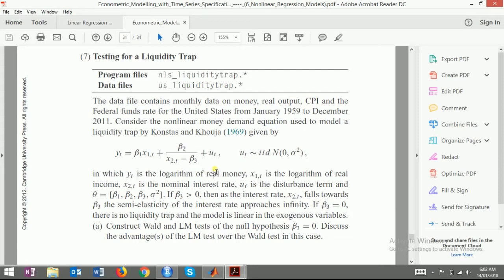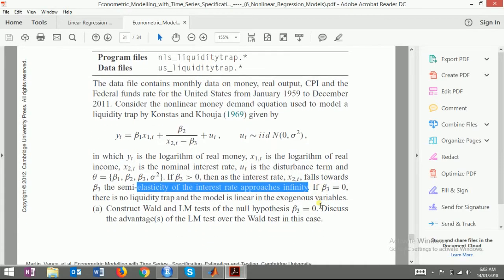So if the interest rate falls towards beta 3, the semi-elasticity of the interest rate approaches infinity. That is what liquidity trap is, and it is linear if beta 3 equals 0.